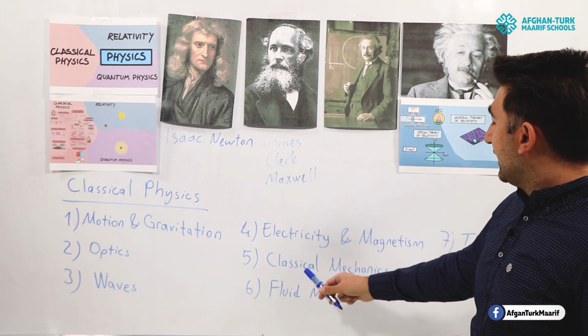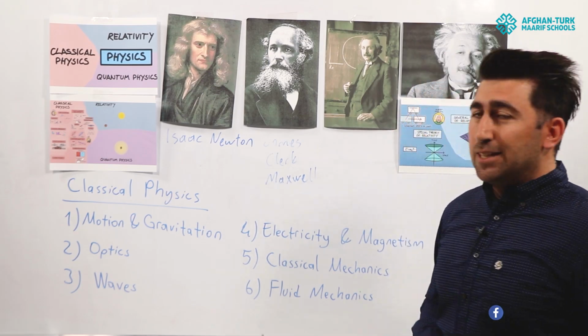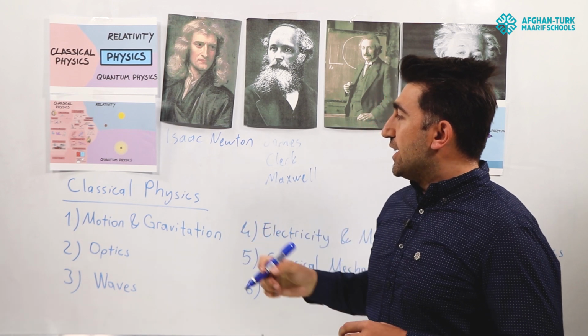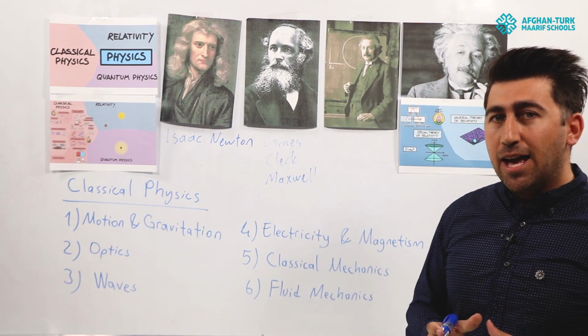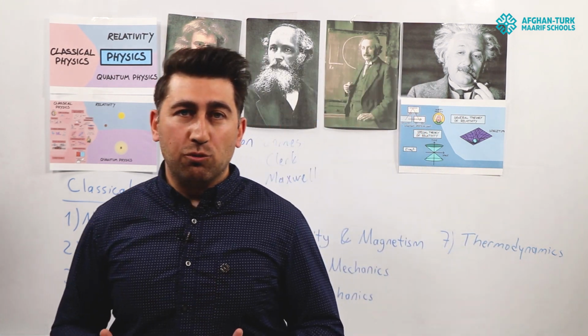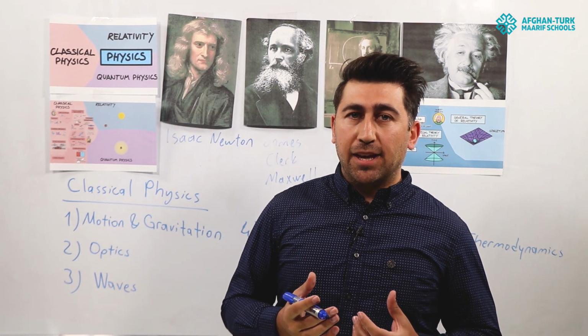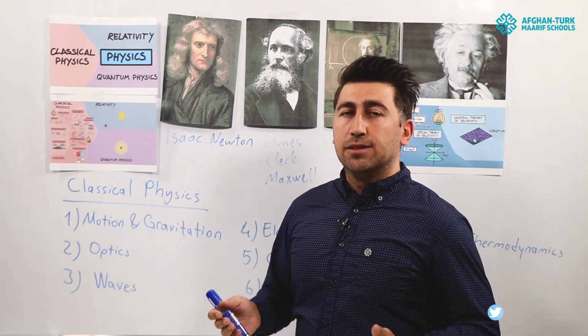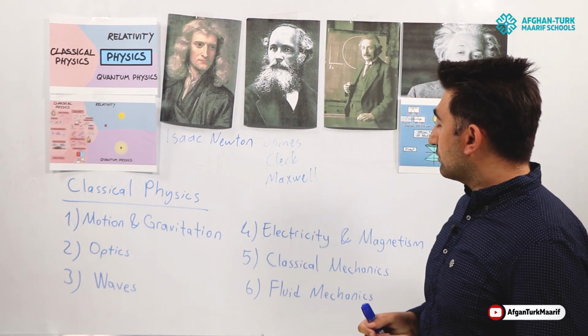Okay, let's continue with classical mechanics. Classical mechanics is all about Newton's laws of motion, and it covers the properties and motion of solid objects, how they move when forces act on them, and what's going to happen when they are joined together, like gears, buildings, and bridges.